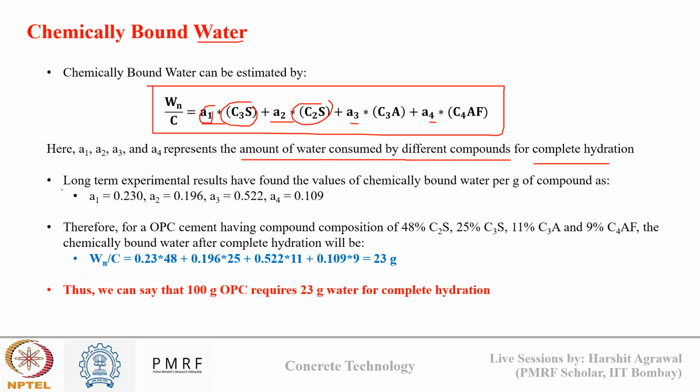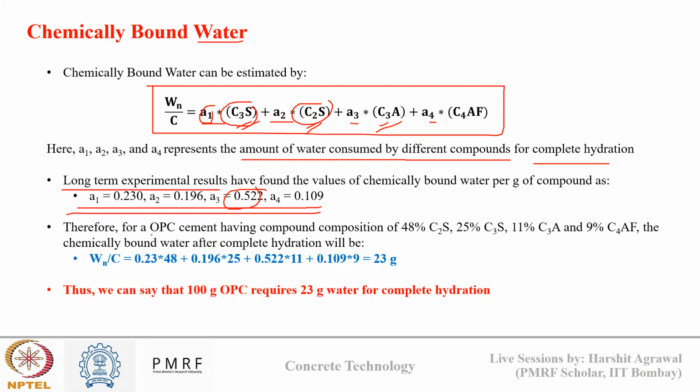Now, long term studies have been done to find the values of A1, A2, A3, A4, and people have come across these values: A1 is equal to 0.23, A2 is equal to 0.96, A3 is equal to 0.52, and A4 is equal to 0.109. These are the factors that people have derived for the different phases of cement and how much water they require for complete hydration.